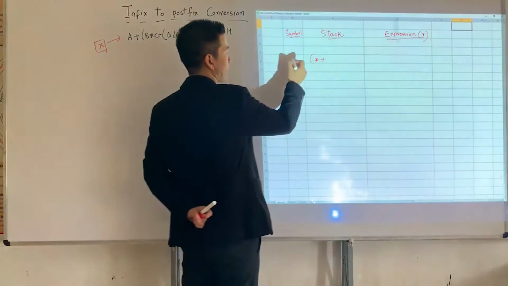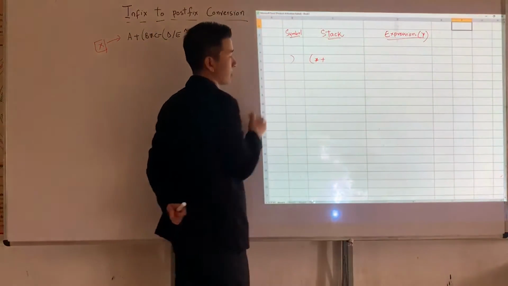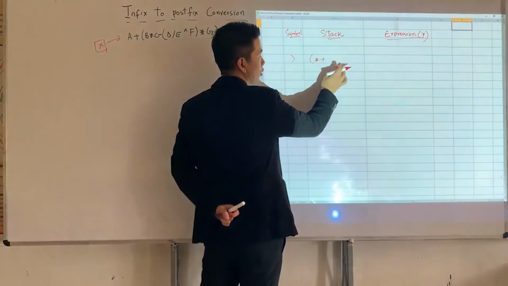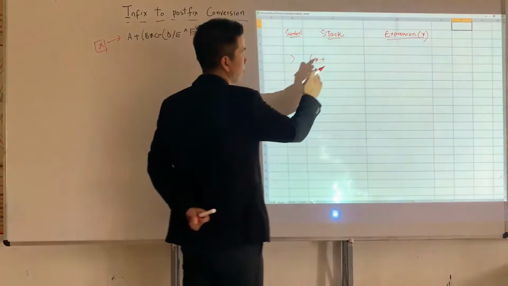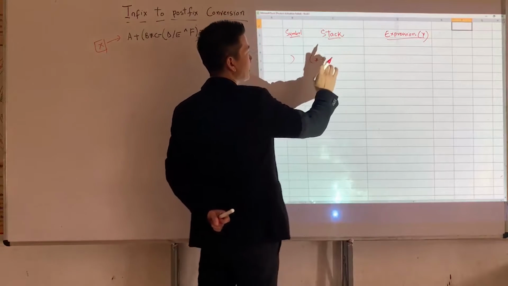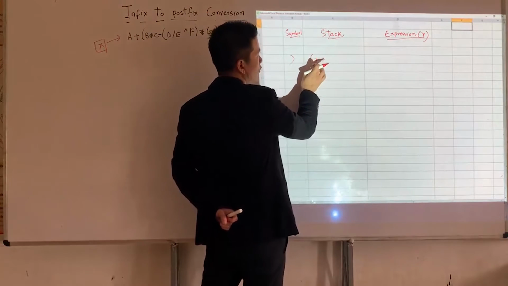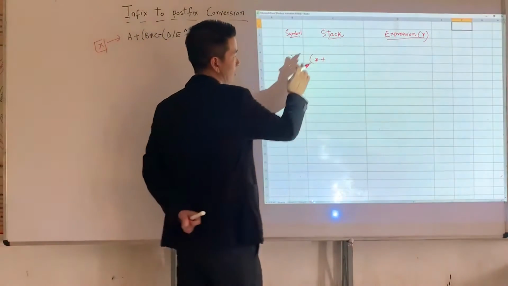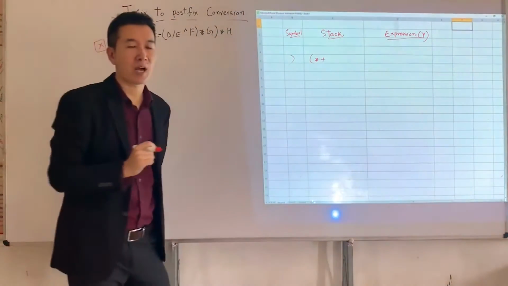Let me repeat: now the next symbol is the closing parenthesis. Don't push it onto the stack, but rather pop the operators, keep popping the operators and keep adding them to the expression. Move on until the left or the opening parenthesis is encountered.